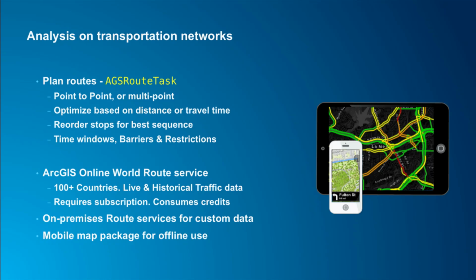And many times you might have your own custom data, for instance, private road networks that are not part of the public domain, so you might have your own route service. If you want to do routing offline, the runtime supports that too through the use of mobile map packages, so you can package your transportation network along with your map, and then you can use the route task against the map package.